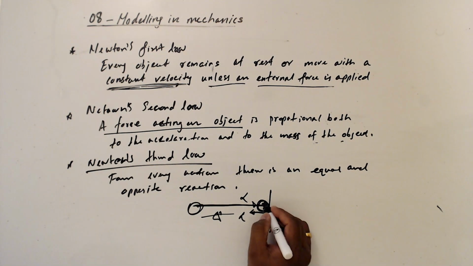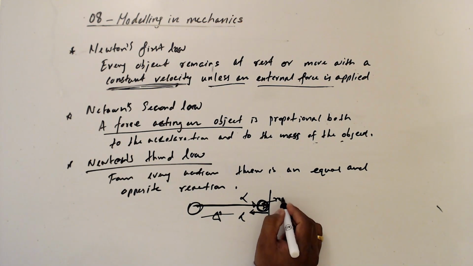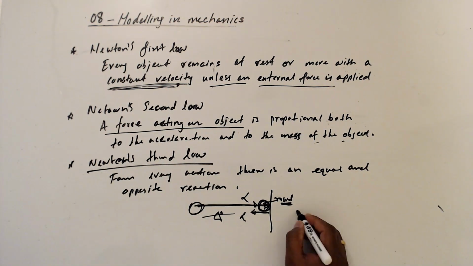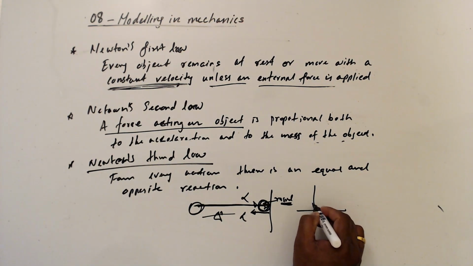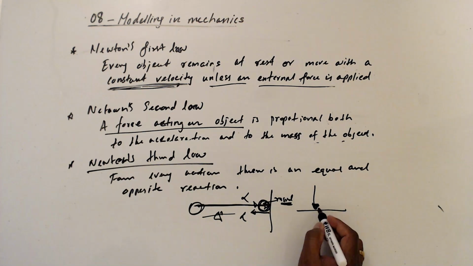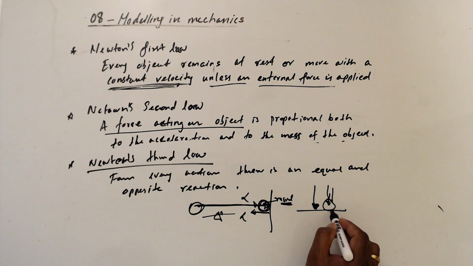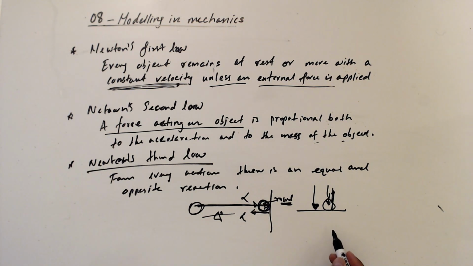So what is the assumption here? It is a rigid ball, a very tough ball. It is not a soft ball. A soft ball will absorb. If you try to push a table with your hand, you will feel that the table is pushing your hand upward.